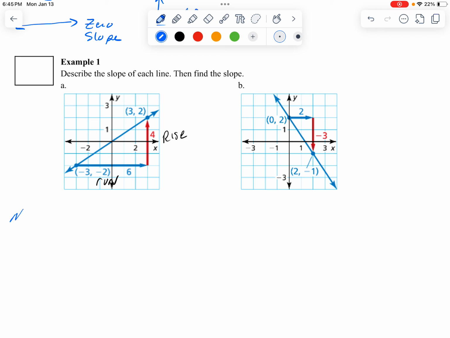So if we're thinking about slope as rise over run, this would be 4 over 6. We do always want to simplify our slope whenever we can. So 4 over 6, both of these numbers can be divided by 2, and that would simplify down to 2 over 3.